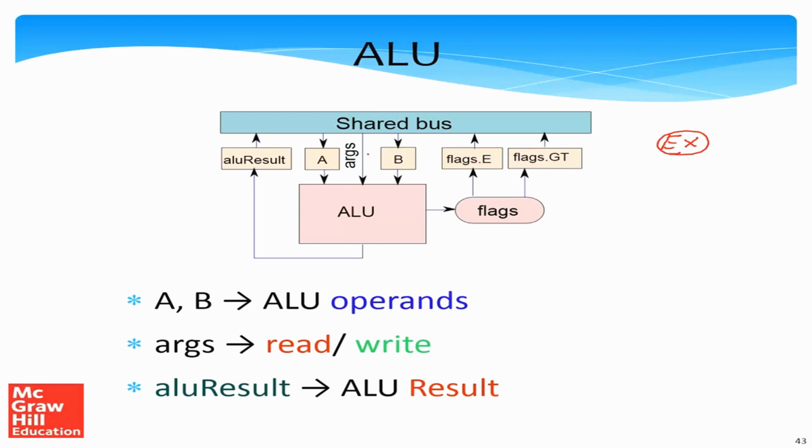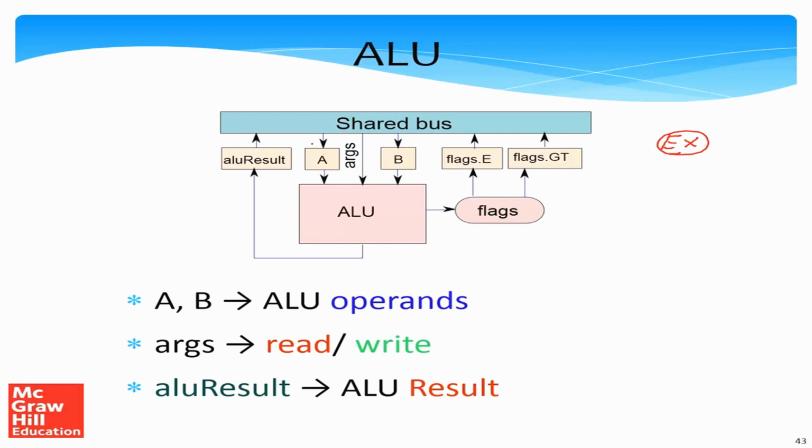So let's assume we want to perform an ALU operation. Most of the time we'll have two operands, like add, multiply, subtract. Sometimes we'll have one, we'll take a look into that, but most of the time we'll have two operands.